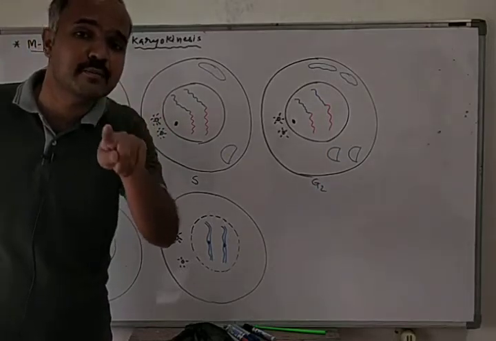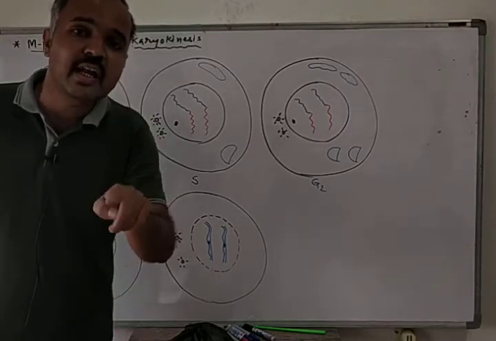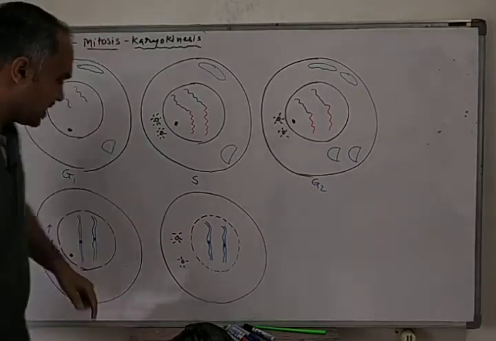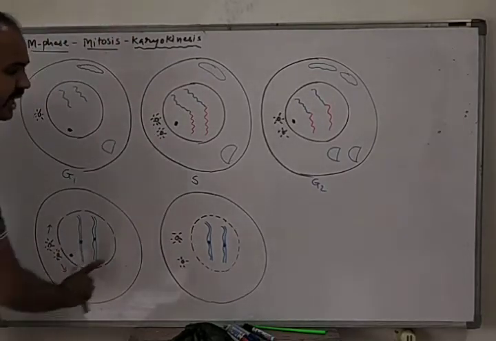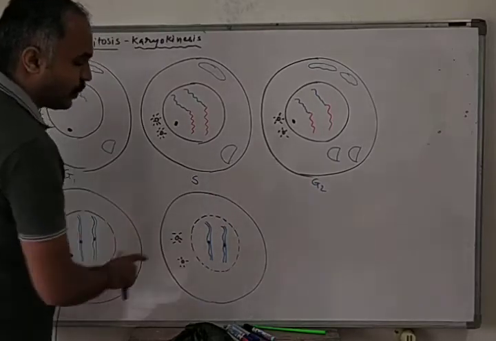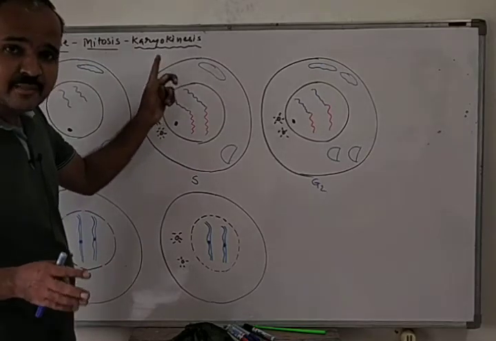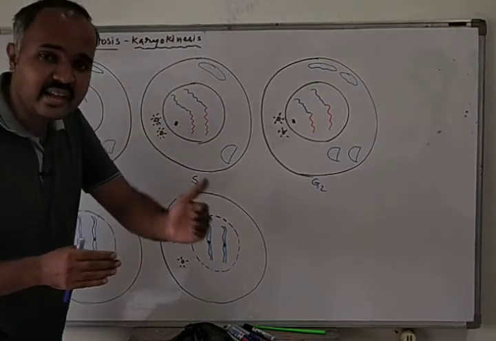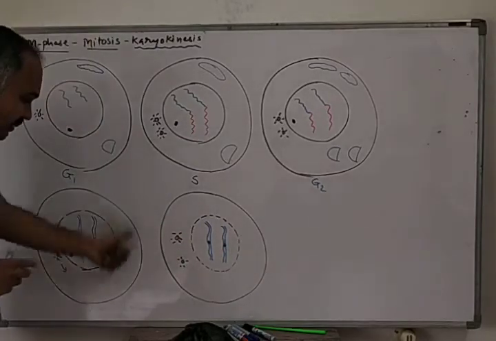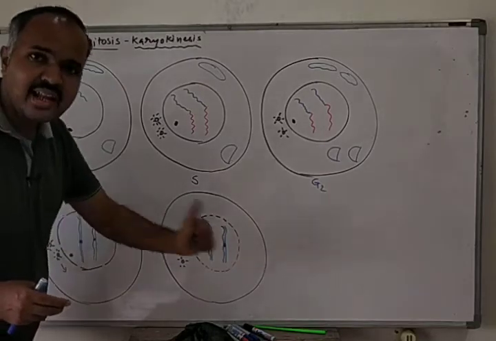And this prophase is again divided into two subphases: early prophase and late prophase. We are discussing karyokinesis, and we said that the cell has entered the prophase, which has two subphases, early prophase and late prophase.